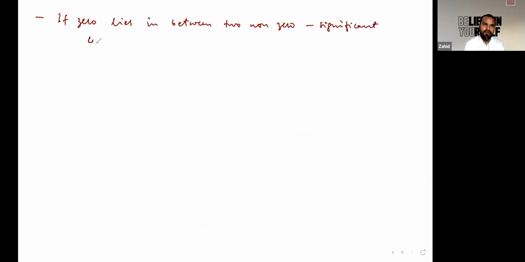Suppose 4.04. So this 0 is in between two non-zero digits, so it will have three significant figures. Next is, exponential is insignificant.